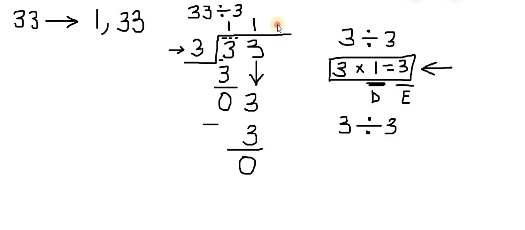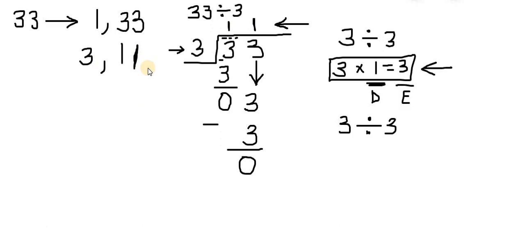Also, the answer you get for the division when there are no remainders is also a factor. So 3 is a factor, but the answer we got, 11, is also a factor of 33. Okay?